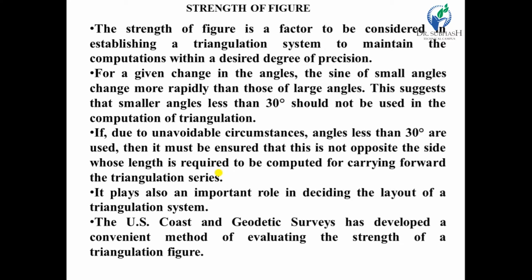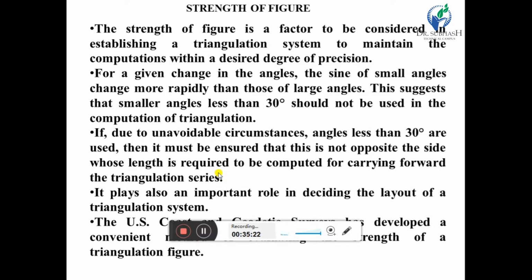Strength of figure is a factor to be considered in establishing a triangulation system to maintain the computation within the desired degree of precision. For a given change in the angles, the sine of a small angle changes more rapidly than those of large angles.